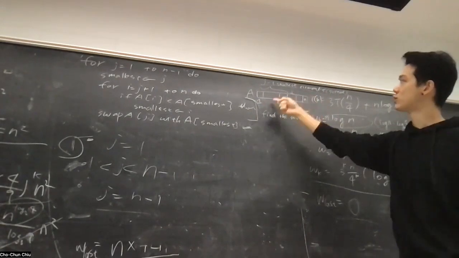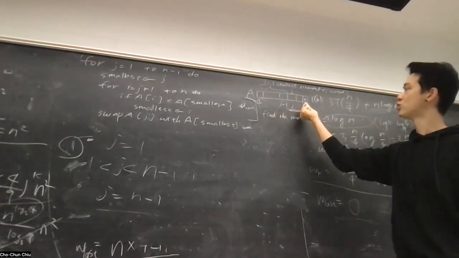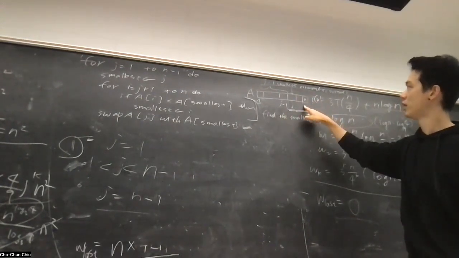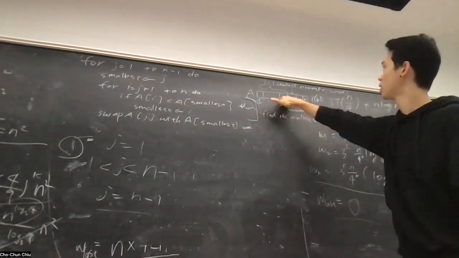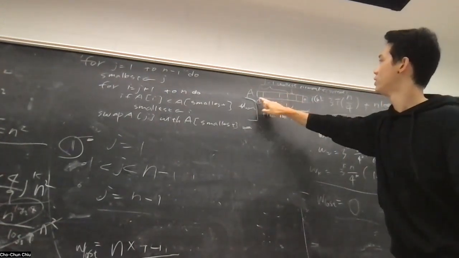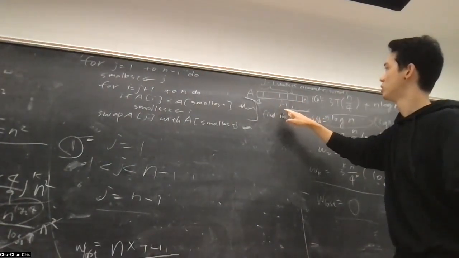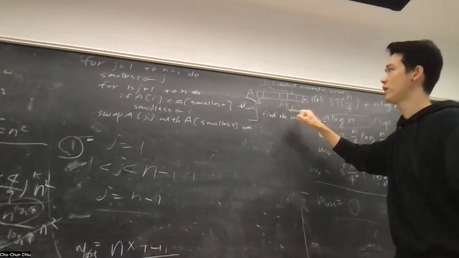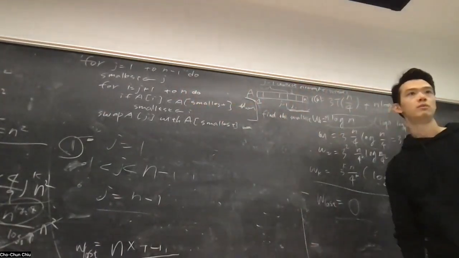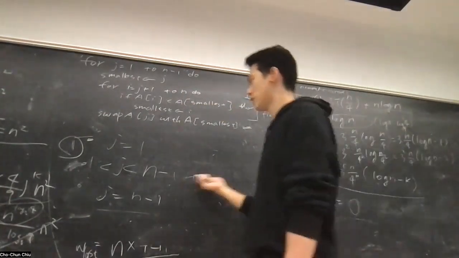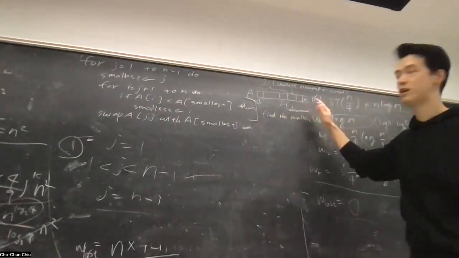And then you put that at j, which means the new iteration, when j is j plus 1, this invariant still holds. Make sense? So that's the argument you need to write down.